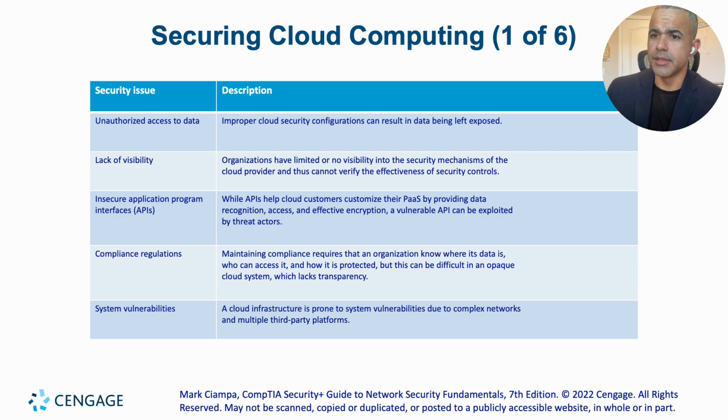You also, especially when it comes to infrastructure as a service, need to be aware that you are in charge of managing all of your application programming interfaces, your APIs. Because if they're unsecure, or you have some kind of faulty code somewhere, attackers can exploit that to access resources and information that they typically wouldn't have access to.